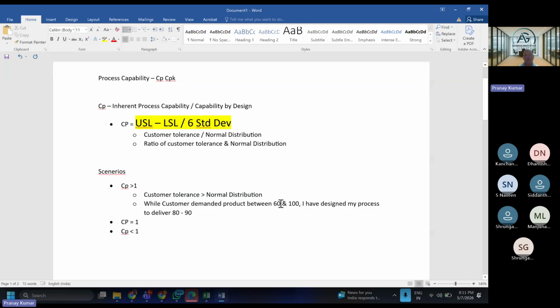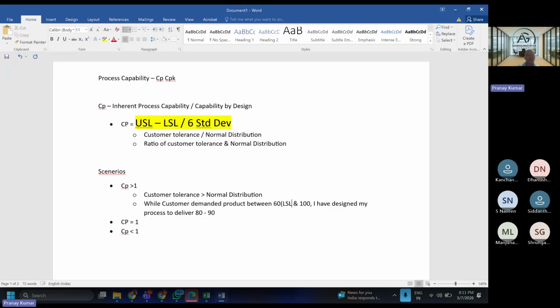So 60 was your lower specification limit, 100 was your upper specification limit. This is what my customer said. If you give me anything less than 60, not acceptable. If you give me anything more than 100, not acceptable. But we've designed our process such that we do production between 80 to 90. So my normal distribution is between 80 to 90. My customer tolerance is between 60 to 100. In such cases, you will have CP greater than 1.